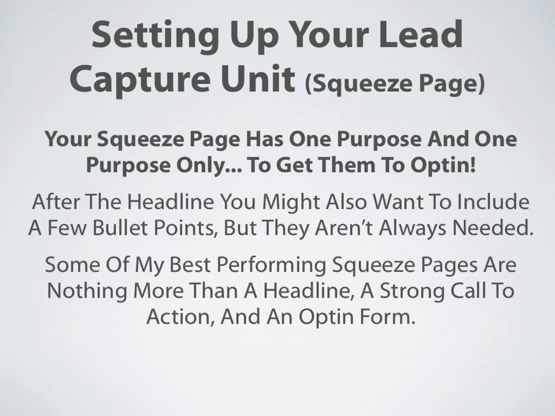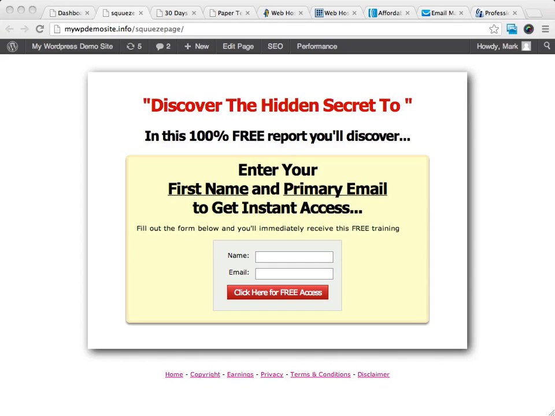Okay. Now, after the headline, you might also want to include a few bullet points, maybe a subhead. Some of my absolute best performing squeeze pages are nothing more than a headline, a strong call to action, and an opt-in form. Okay, something like that would be like this. I'm using that Paper Template WordPress theme that I told you about to set up a squeeze page.